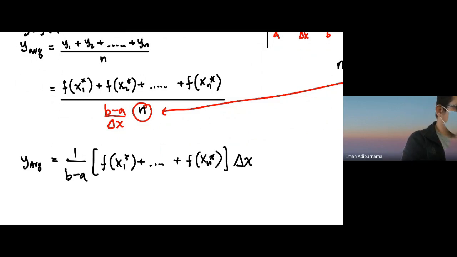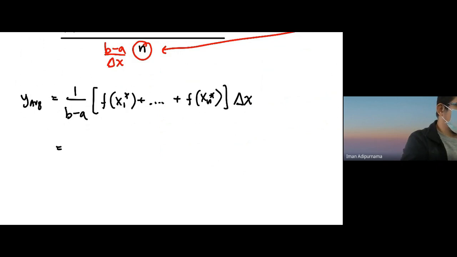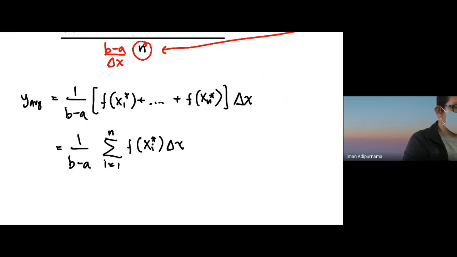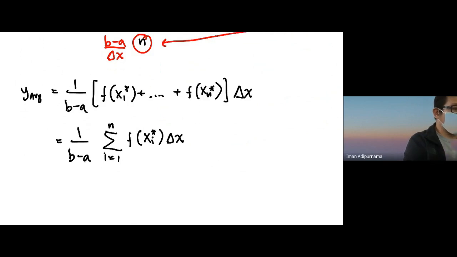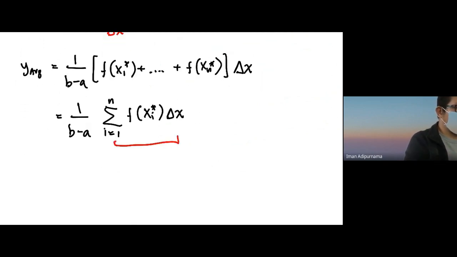So this is y average. Similar to the previous integral definitions, we write the sum of our functions f of xi and then the delta x. And we know that this part here becomes our integral. So the average value of a function is 1 over b minus a, times the integration from a to b of f(x) dx.